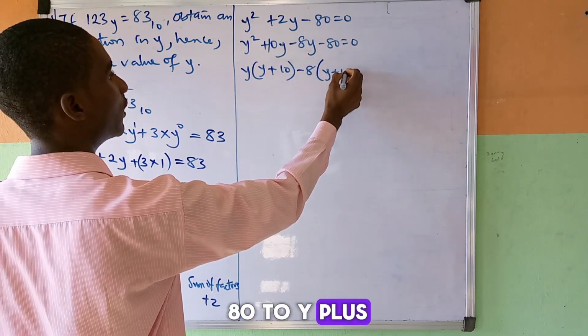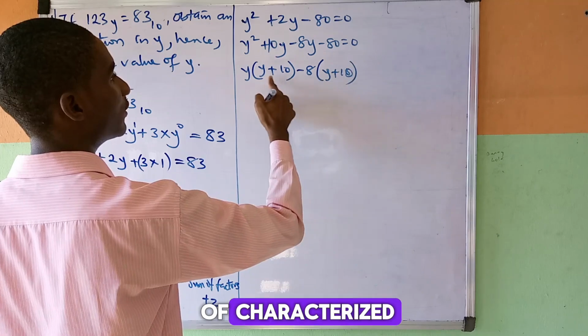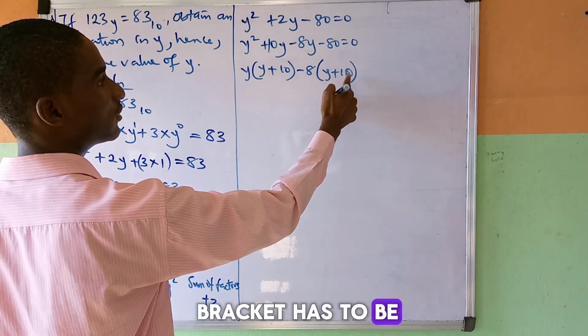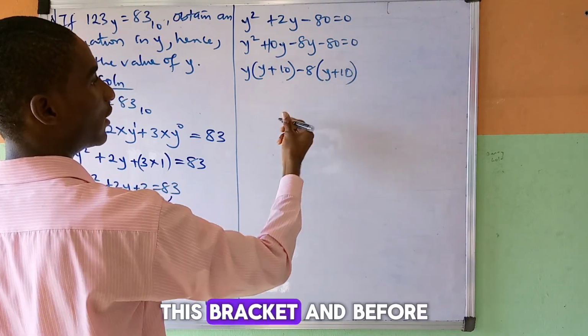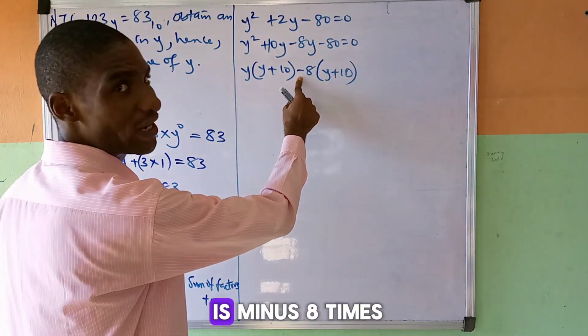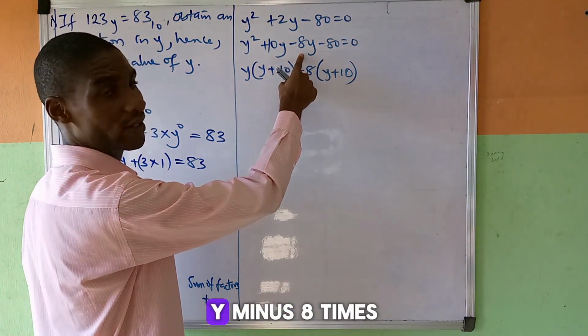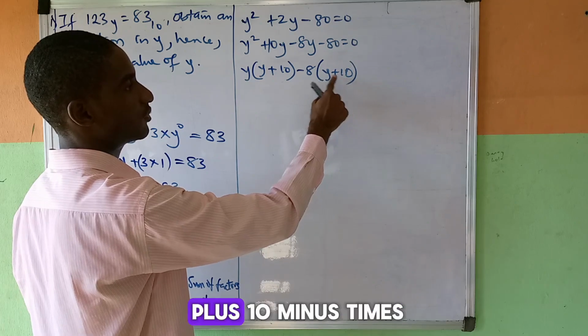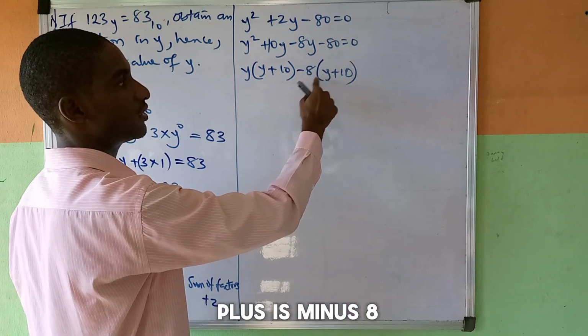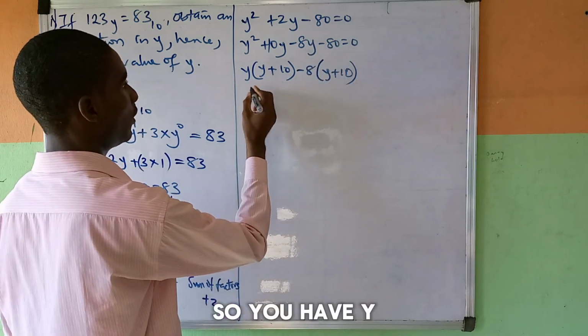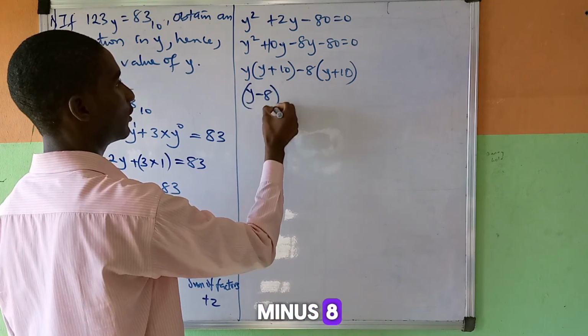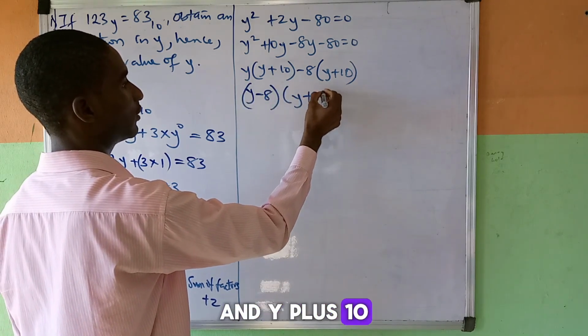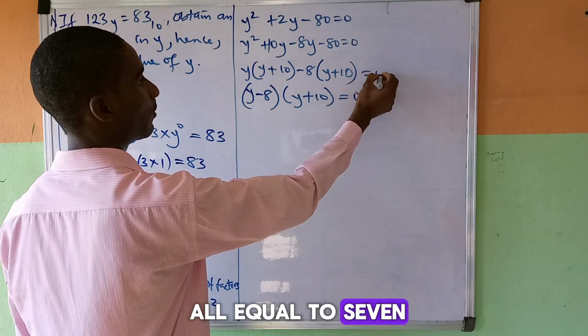Minus 8 into y plus 10. Whenever you are factorizing, the value in this bracket has to be the same as the value in this bracket. And before you proceed, minus 8 times y is minus 8y. Minus 8 times plus 10, minus times plus is minus, 8 times 10 is 80. So you have y minus 8 and y plus 10 all equal to 0.